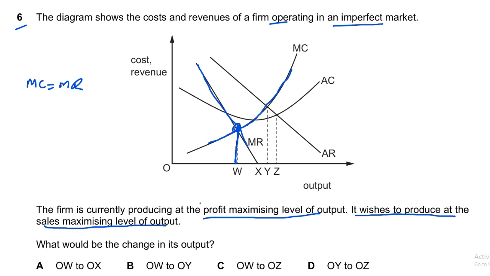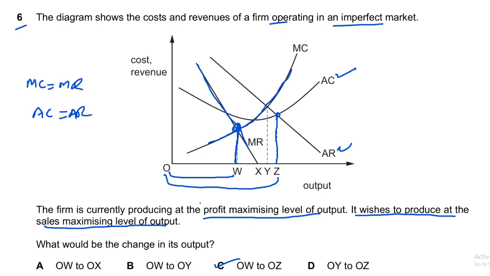Sales maximization takes place where average cost is equal to average revenue. So this is average cost, this is average revenue, and they intersect each other at this point where output is Z. So initially profit maximizing output was OW, and now sales volume maximizing output is OZ. So option C will be the correct answer, OW to OZ.